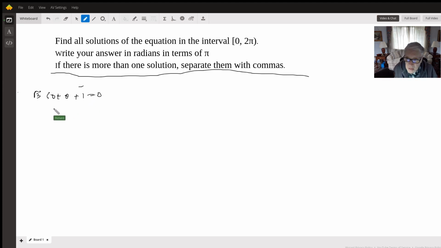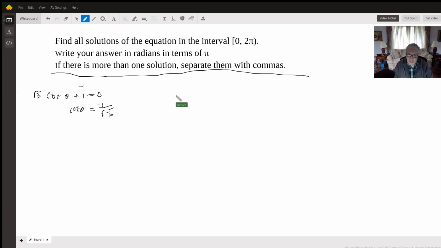So we subtract the 1 and divide by root 3. So it's going to be 1 over root 3, negative, because you're subtracting the 1. That's our cotangent of theta.